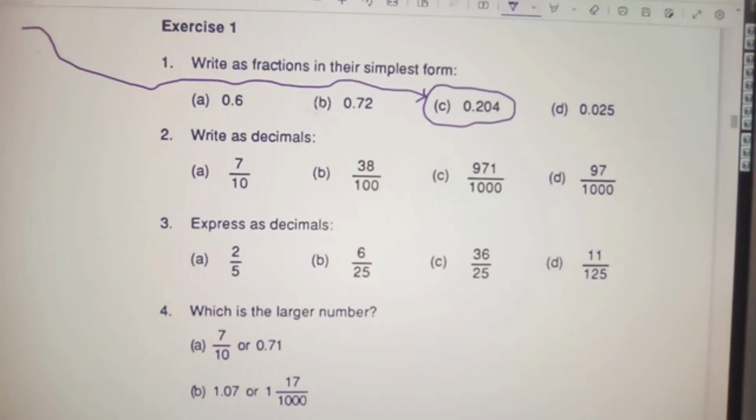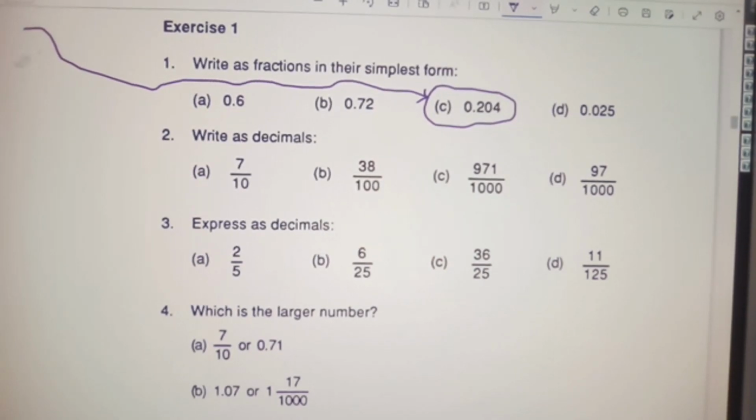We're not looking at anything else, just that question there. Okay, so nought point two zero four.